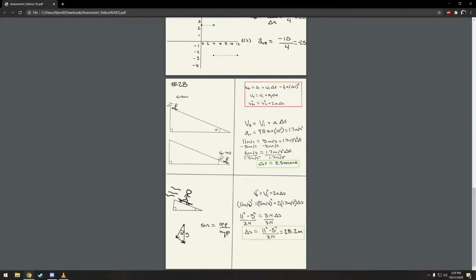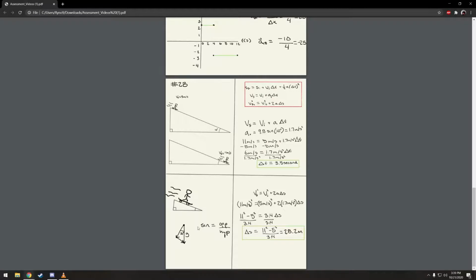The way we calculate it is by taking gravity, which is 9.8, and multiplying it by the sine of 10 degrees. The reason we multiply it by the sine of 10 degrees is that since she's going down a slope, we need to figure out her acceleration in the x direction relative to that slope, which is at 10 degrees.